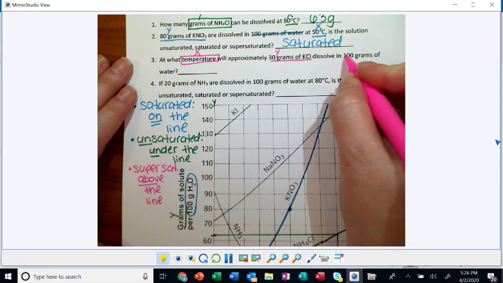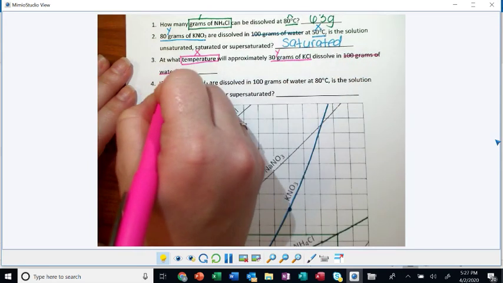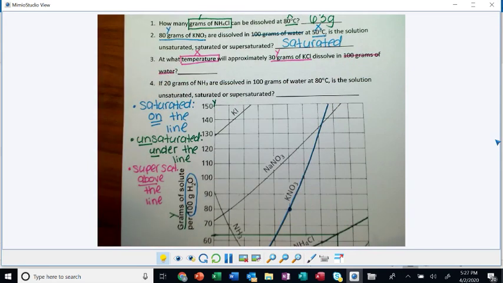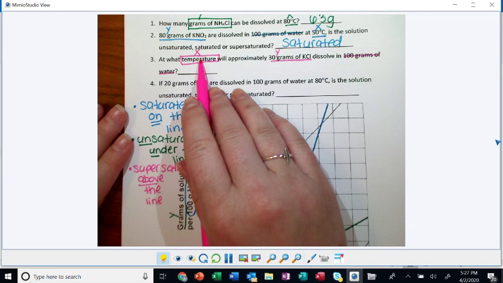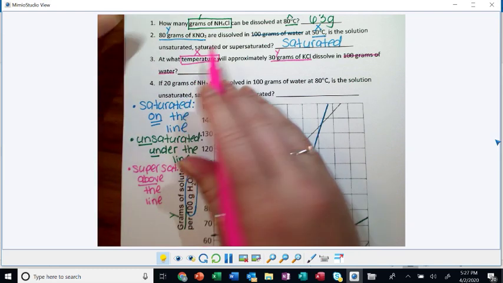Remember, we do not need the 100 grams of water. All right, so this one is similar to number one. The difference is this time they gave me the Y and I'm looking for the X, but we're going to approach it in the same way.